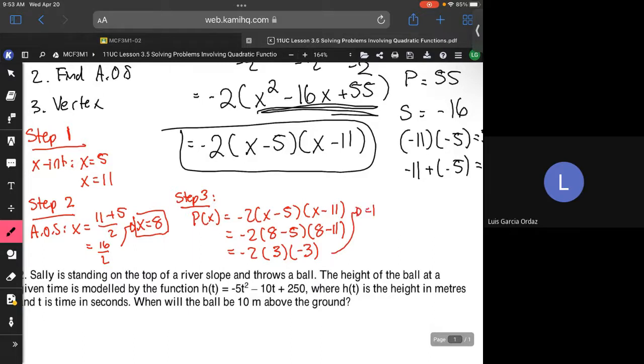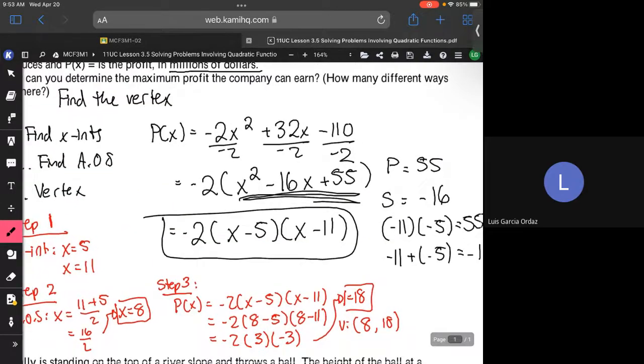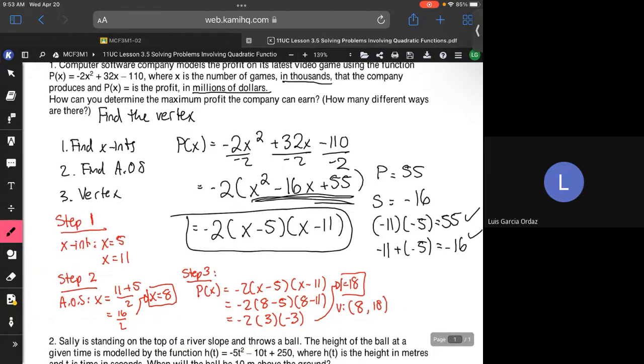So what would my vertex be? Perfect. 8 and 18. So I can't say they make $18. So what do I have to multiply my y value of the vertex by? What does it say my profit is in? No, that's the number of games in thousands. Millions. So I have to multiply 18 by what?